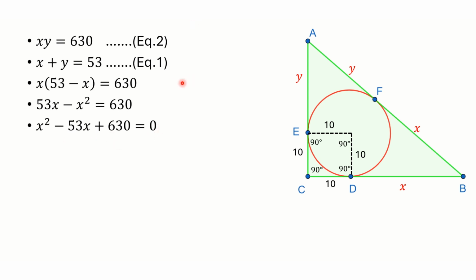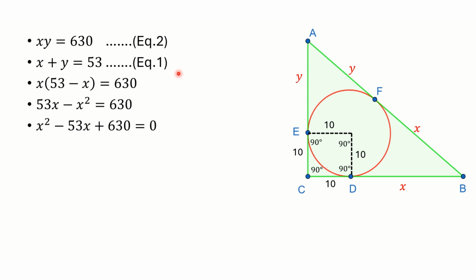Now if you remember, if you have a quadratic equation ax square plus bx plus c equals 0, the root of this equation is given by minus b plus minus the square root of b square minus 4ac, divided by 2a. In this case, a equals 1, b equals minus 53, and c equals 630.